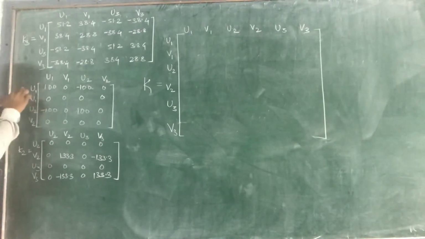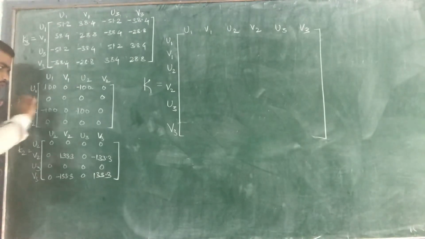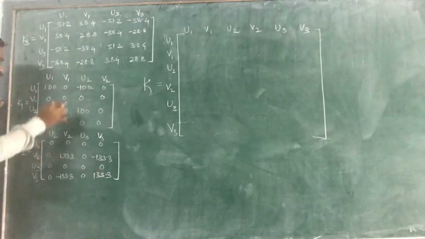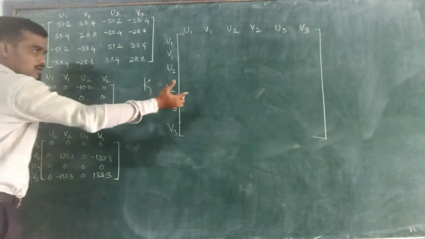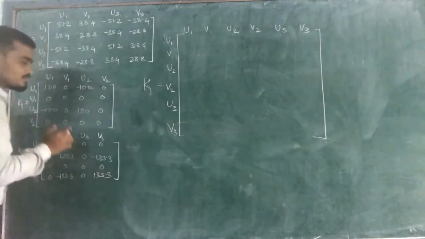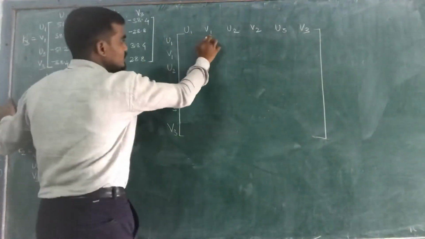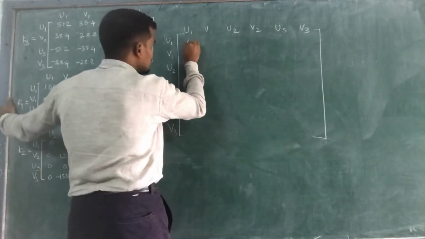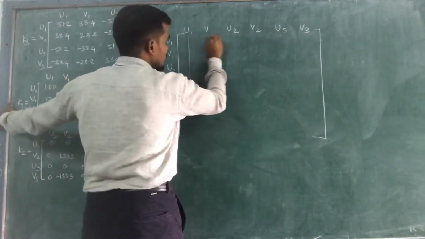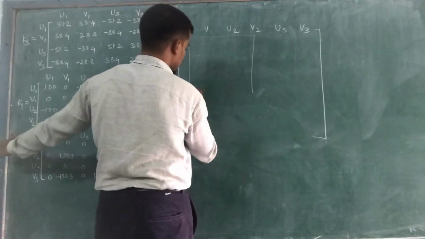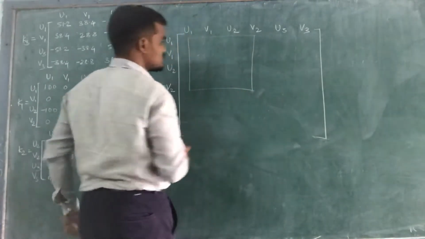It means between U1 V1, U2 V2 rows and also columns. So put this matrix over the global stiffness matrix. So this is the position of the first elemental stiffness matrix.